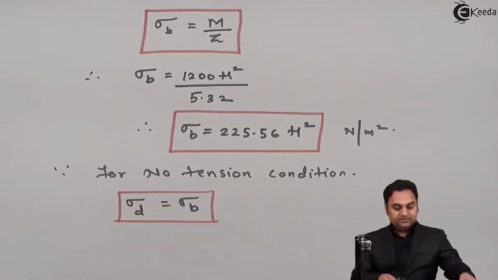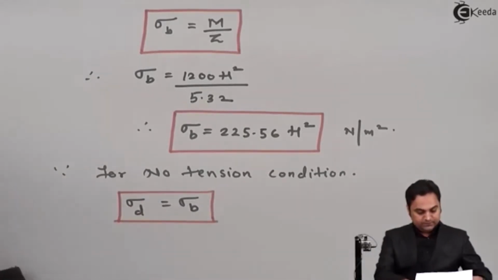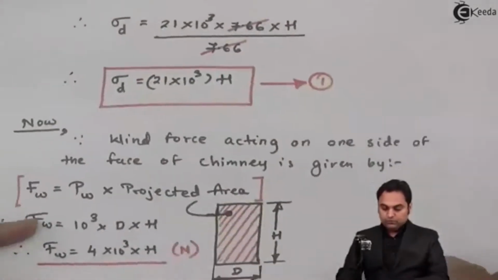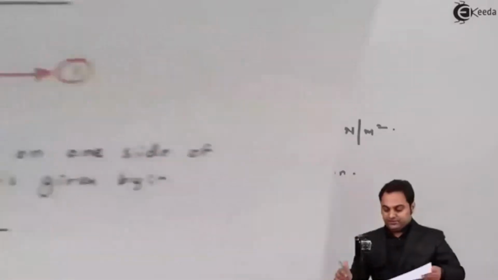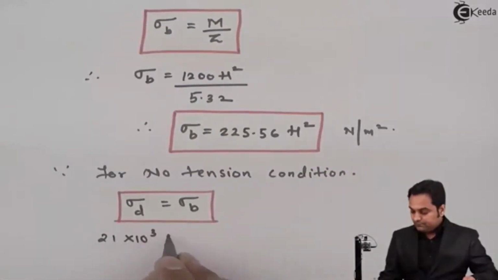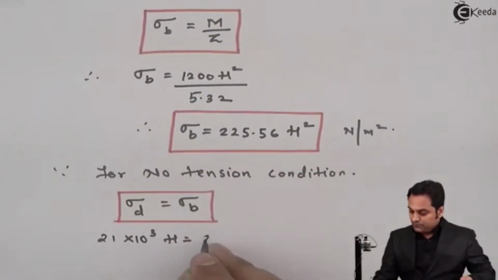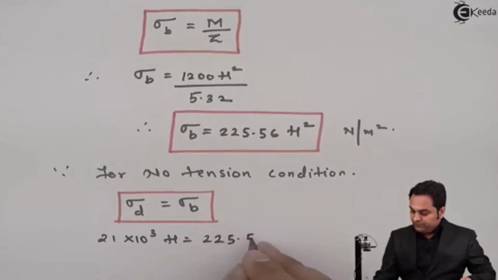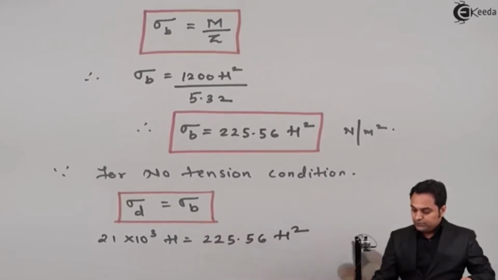So previously we had calculated direct stress was 21 into 10 raised to 3 H, bending stress 225.56 H square.